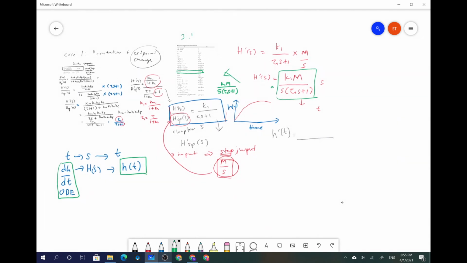So we get K1 M, in a bracket 1 minus exponential of minus t over tau. This equation is the equation to get this line.